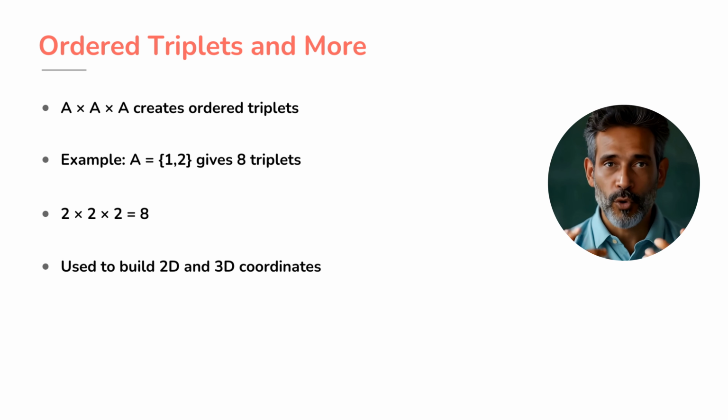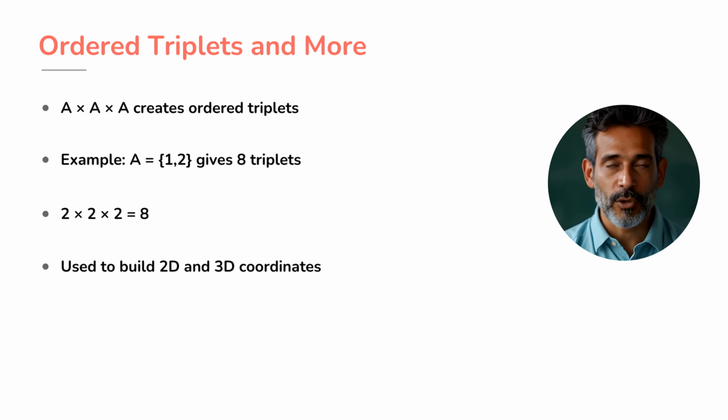Let's now explore ordered triplets, a powerful extension of Cartesian products. When we write A cross A cross A, we are forming all possible ordered combinations of 3 elements, each chosen from the same set A. For example, suppose set A contains 2 elements, 1 and 2. Then, the total number of triplets you can form is 2 times 2 times 2, which equals 8.